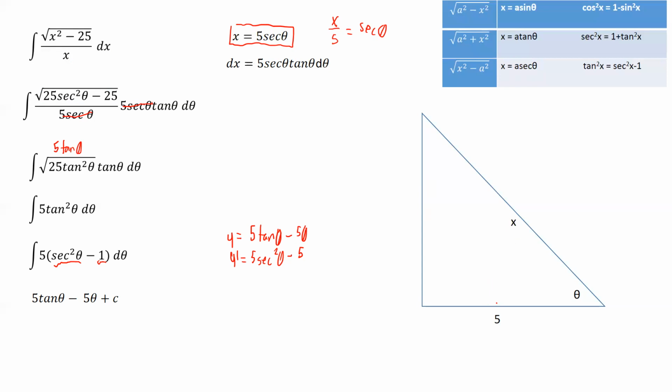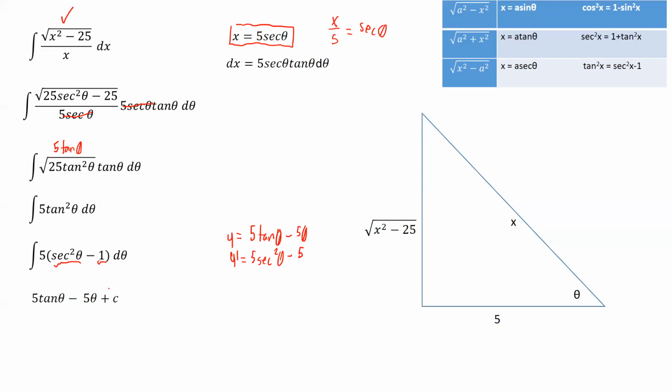Cosine is adjacent over hypotenuse. So secant is hypotenuse over adjacent. What's the missing side then? Pythagoras would say, take that squared minus that squared, take a square root and double check your question. There it is. We're feeling pretty comfortable.